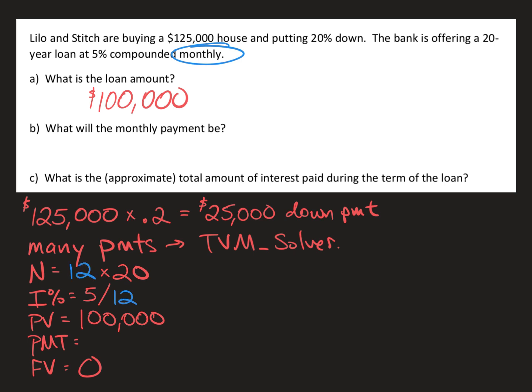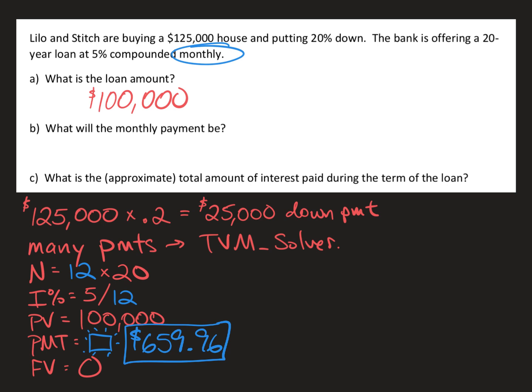So you can substitute all of this into the TVM solver. Make sure this is blinking if you're using a TI-83 or 84, and then hit alpha enter to solve. And with that, you'll find that the payment should be $659.96. So this is your answer for part B.